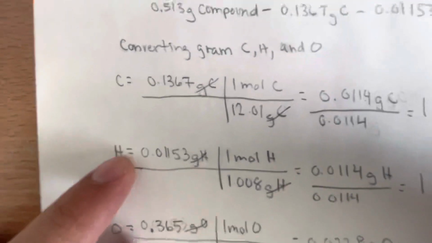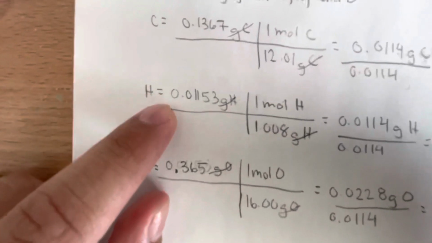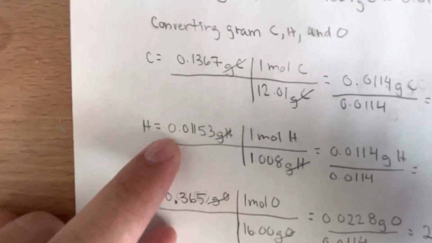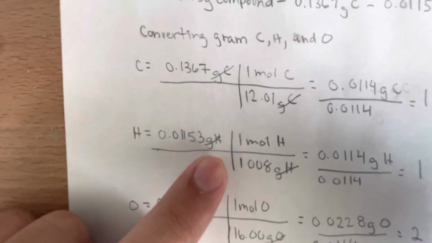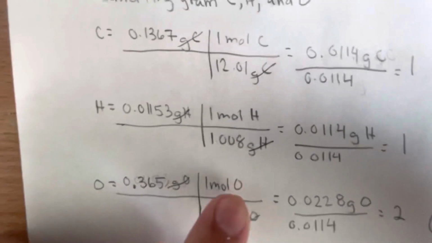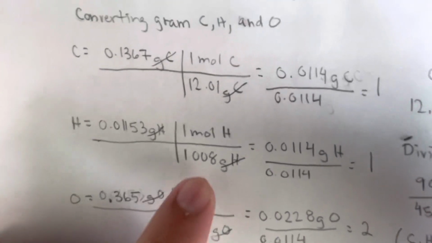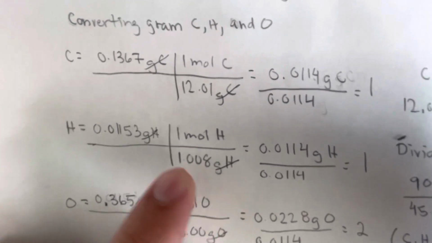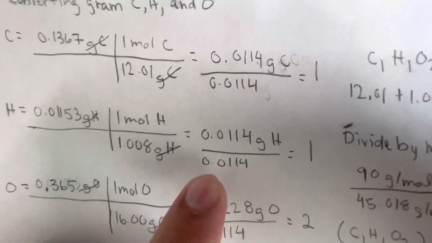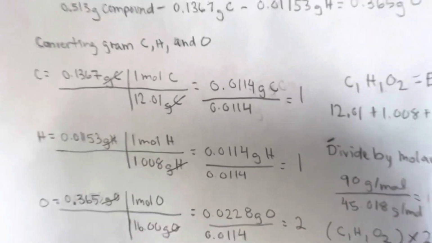For hydrogen, I did the same thing. I start out with 0.01153 grams of hydrogen and divide by the mass of H, which is 1.008 grams of hydrogen to 1 mole, and I also get 0.0114 moles of H.